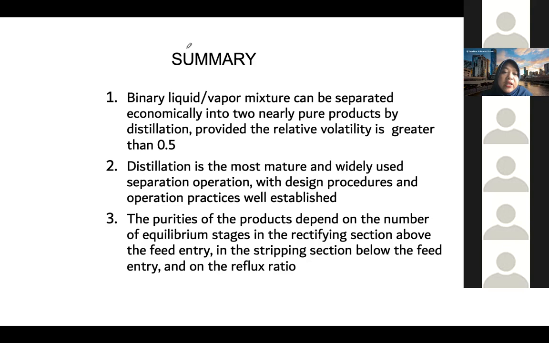And distillation is the most mature and widely used separation operation, with the design procedure and operation practice well established. Yeah, the purity of the products, of course, depends on the number of equilibrium stages. If you have 10 stages compared to 20 stages, of course, the purity would be higher with the 20 stages.